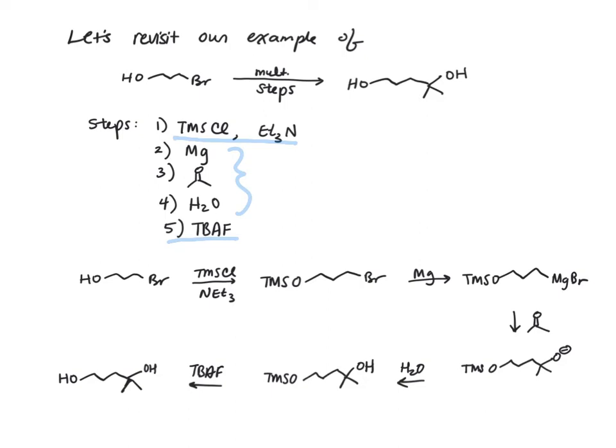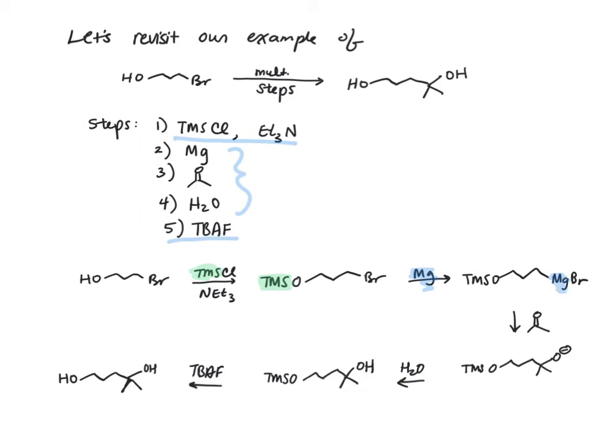We start with bromopropanol, treat with TMS chloride, and that installs the protecting group onto the oxygen atom and makes it unreactive. Then in our next transformation, we're taking magnesium to form the Grignard reagent between that carbon-bromine bond.